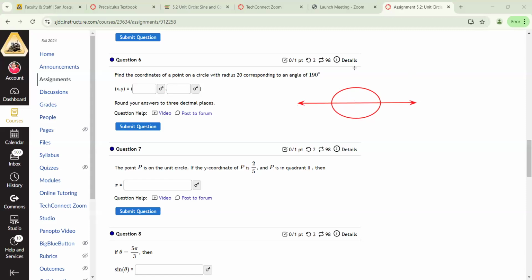And let's suppose here is your y-axis. And we are having an angle of 190 degrees. So 190 would be all the way, if I start from here, this is 90, 180, 10 degrees more than that, right here.